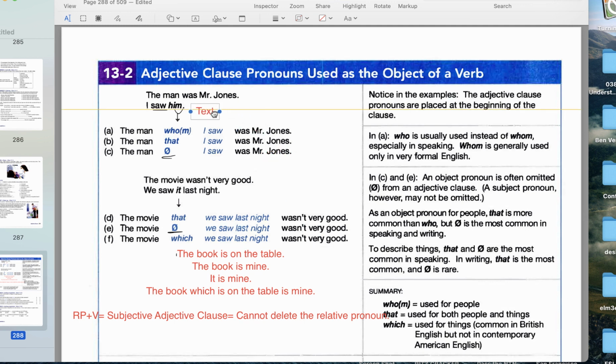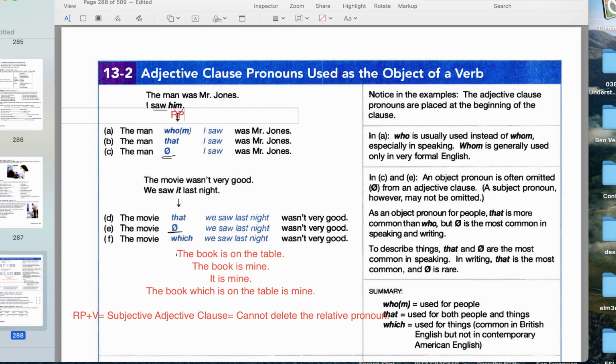How do we know if an adjective clause is an object adjective clause where we can get rid of our relative pronoun if we choose to? Well, here's the secret, and I'll tell you. If you have your relative pronoun, and in this case it's who or that, so I'm going to put the relative pronoun right there, okay? So if we have a relative pronoun, and what comes right after that relative pronoun is another pronoun or a noun, then what we have is an object relative clause.